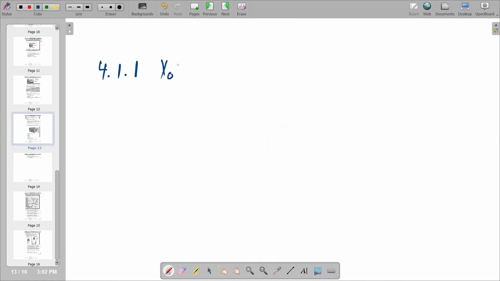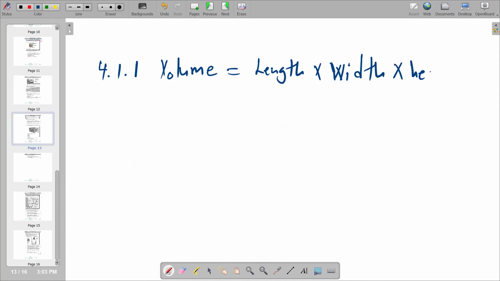Remember, the formula says our volume is equal to our length times our width times our height.